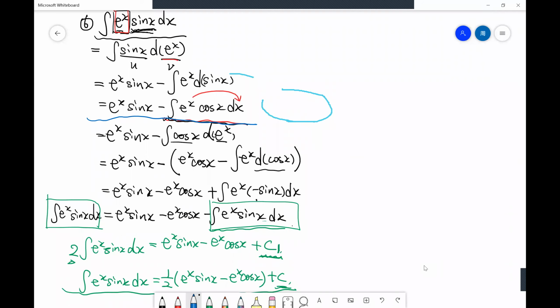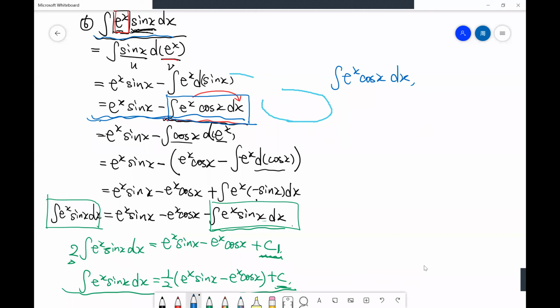For here, first we use the integration by parts to get this one, right? And then we found here is another indefinite integral, and the form of this integral is very similar to the original one, right? So we think we can use integration by parts again. So here, the integral of e^x cos x dx, right?